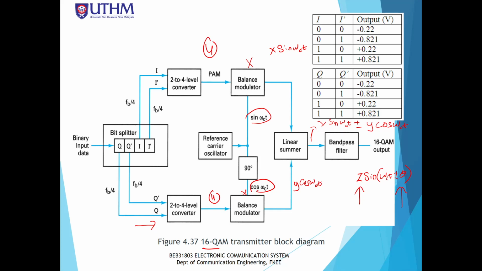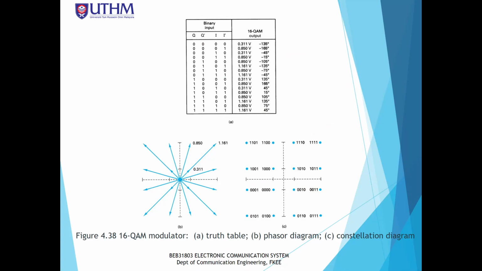So if we use 16 QAM, that means we have 16 different symbols. If you see the diagram, it's going to be like this. We have 16 different symbols with different amplitude and phase.